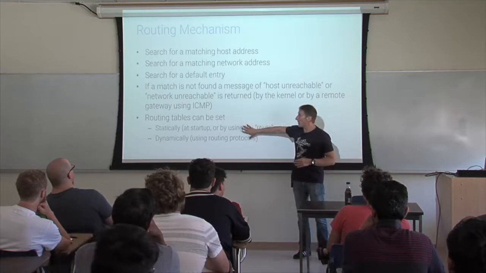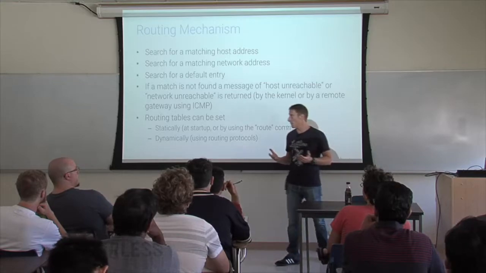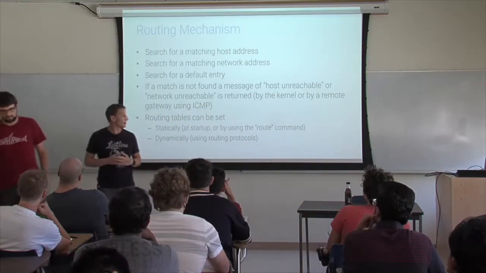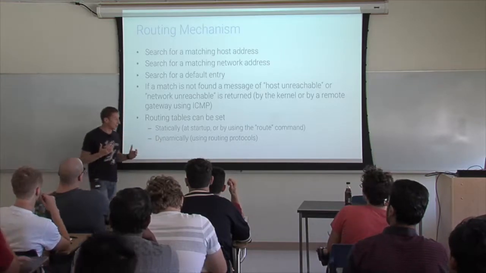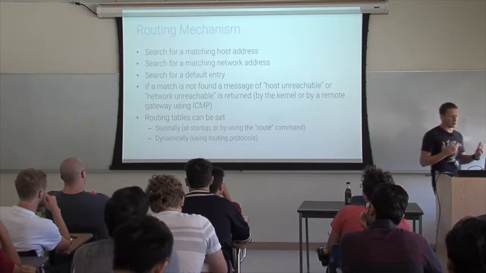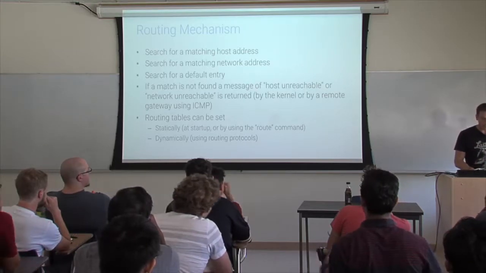So routing tables can be set statically, so you can have configuration files that explain how to route the packets, or can be done dynamically using routing protocols such as RIP or OSPF. There are various methods to actually route the packets around.